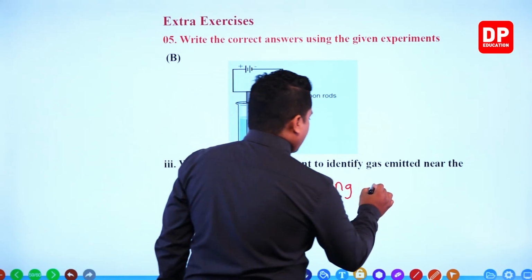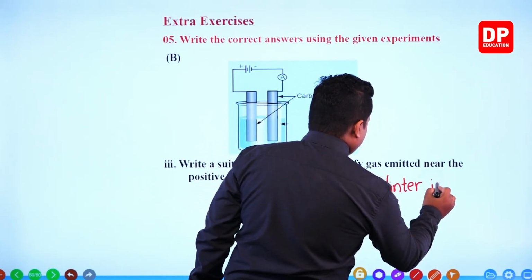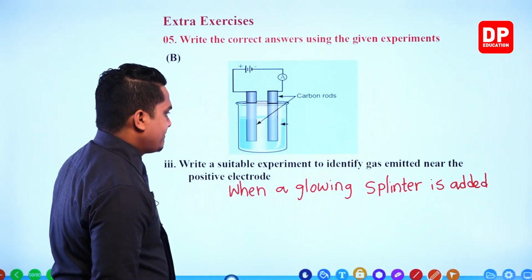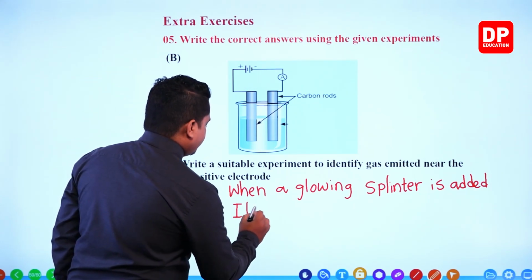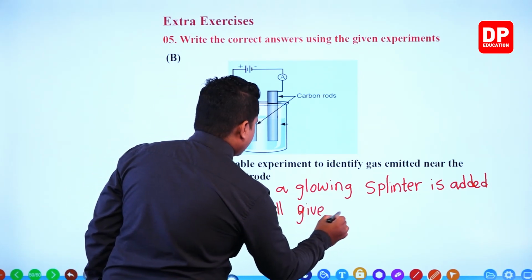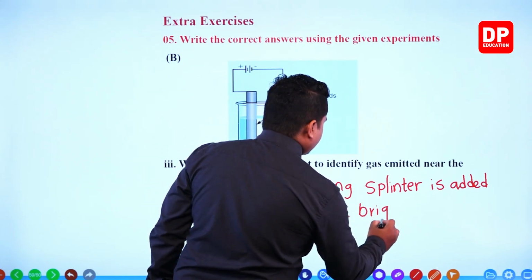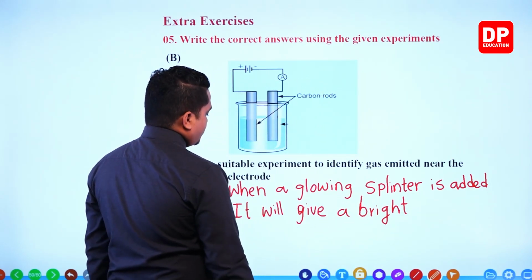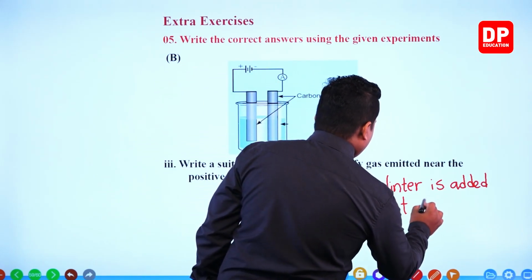When a glowing splinter is added, it will give a bright flame. Right?